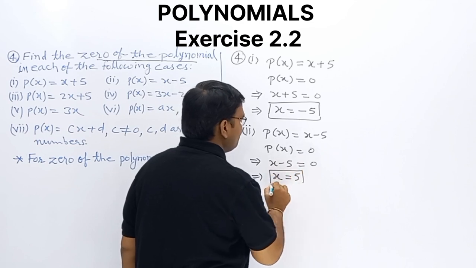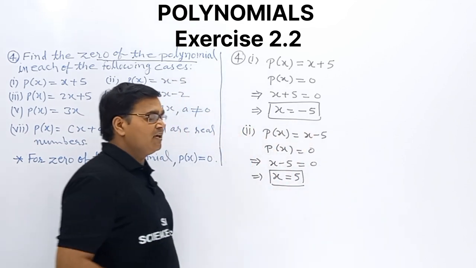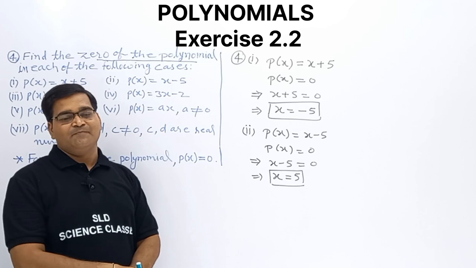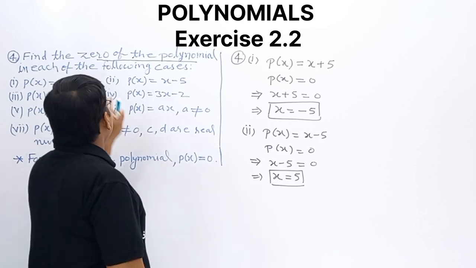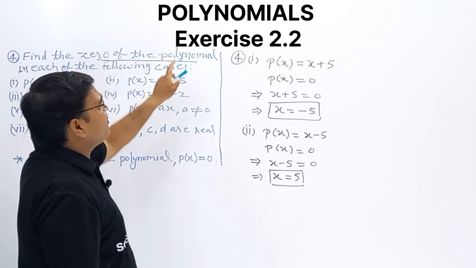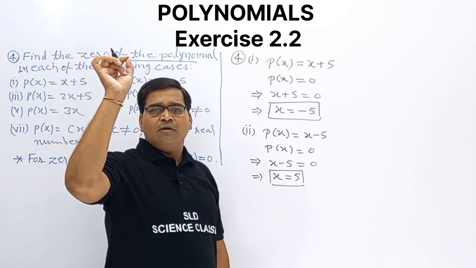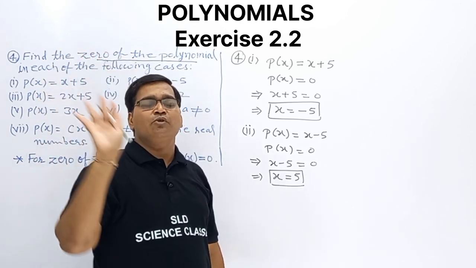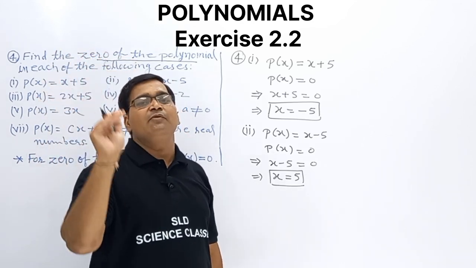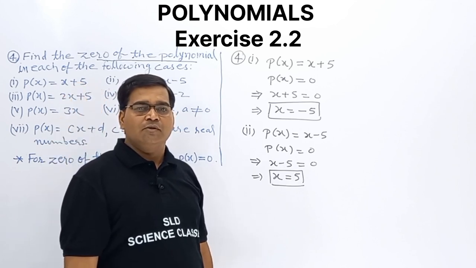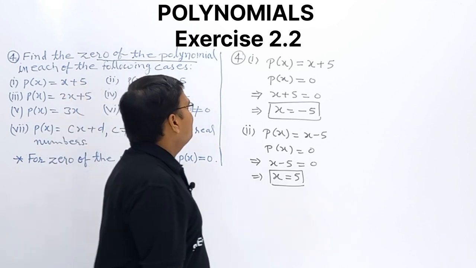This is the zero of this polynomial. This is the answer of this question. So a simple solution: find the zero of the polynomial, put the polynomial equal to 0, solve that one, and the variable value will be the zero of that polynomial.